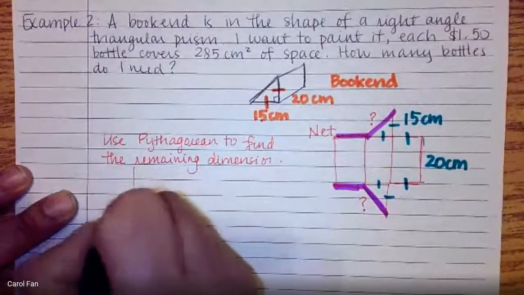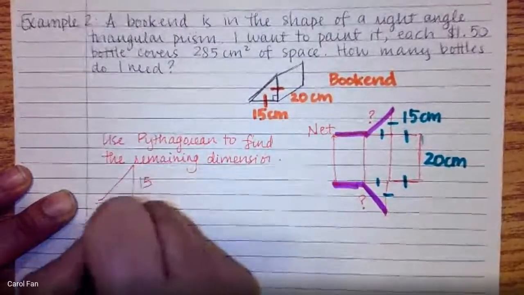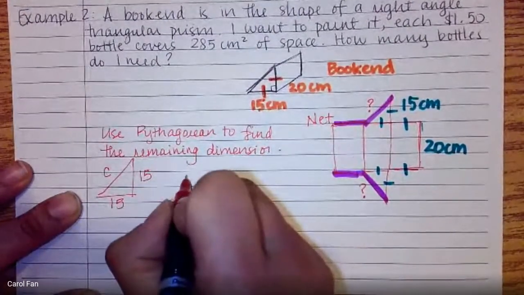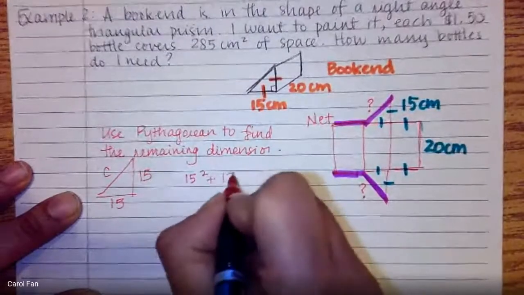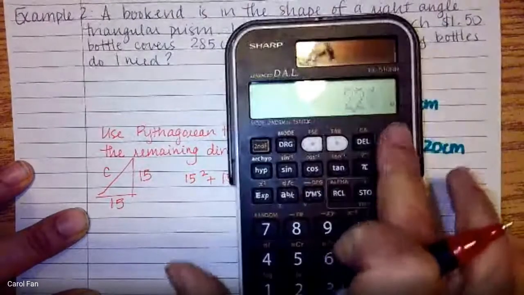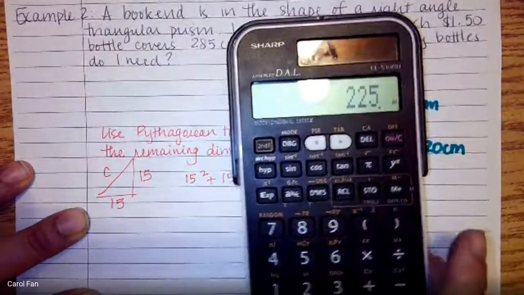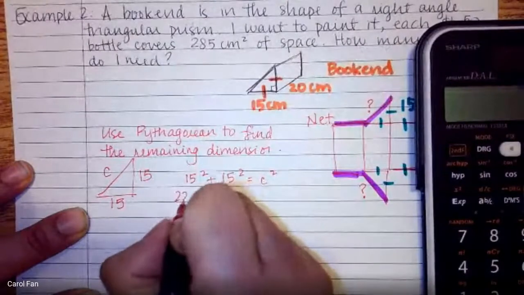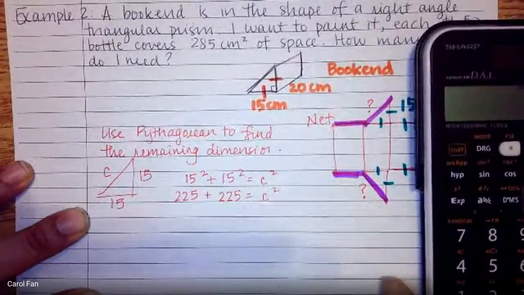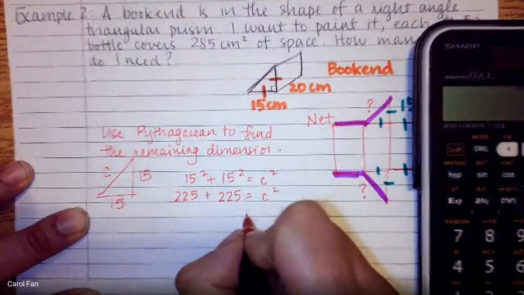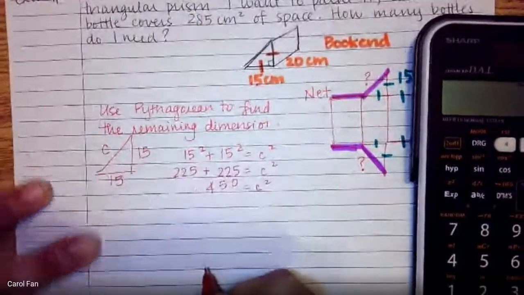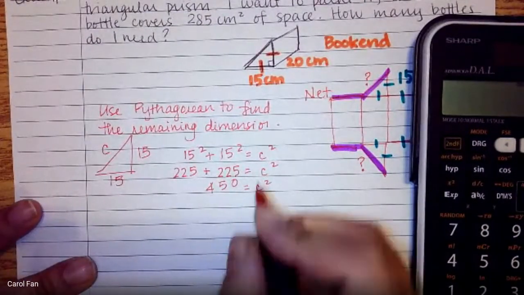So as a 2D shape, I have 15 and 15. Let's call that C. So I have 15 squared plus 15 squared is equal to C squared. Let's do that in our calculator. 15 squared is 225. So 225 plus 225 is equal to C squared. Let's add those two together. 450 is equal to C squared.